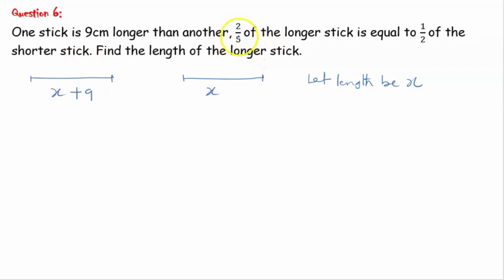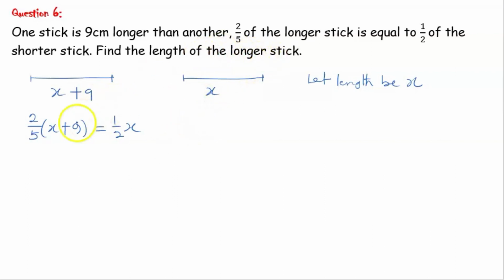Okay, then it says 2/5 of the longer stick is equal to 1/2 of the shorter, which is x. Find the length of the longer stick.